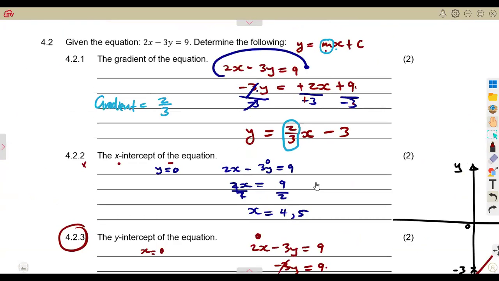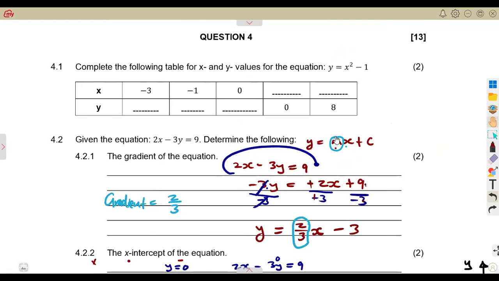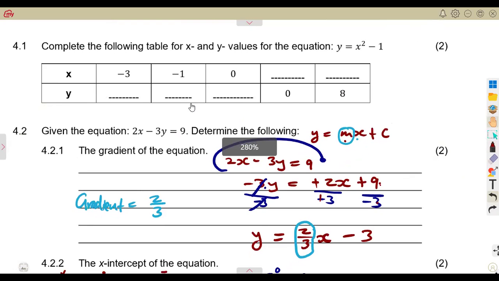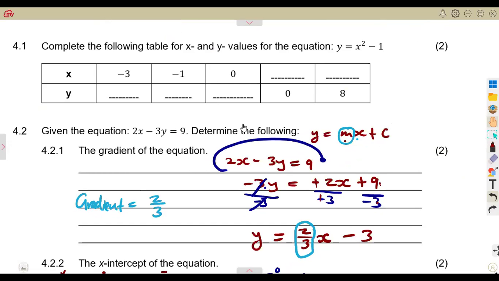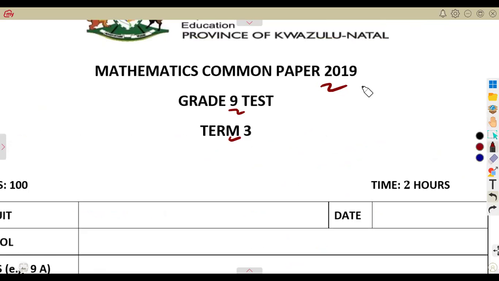You just have to work with more questions as much as you can. As you can see from this question paper, we're not having those 2D shapes and also the geometry of straight lines. Like I said, guys, this is a previous paper from 2019. So we just take one or two things that we expect, which are still part of our term 3.